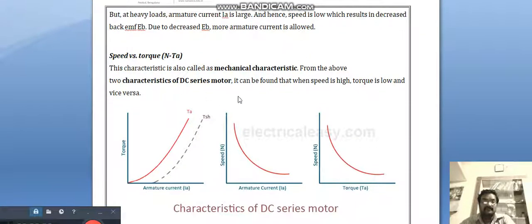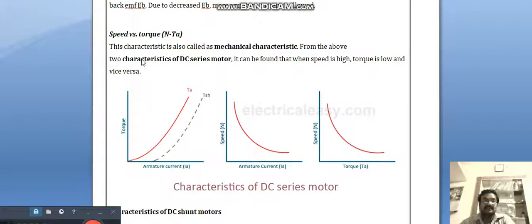So here we are seeing the different characteristics of the series motor. Torque versus armature current: torque is directly proportional to Ia squared. Speed versus armature current: when the armature current is high, speed is low.